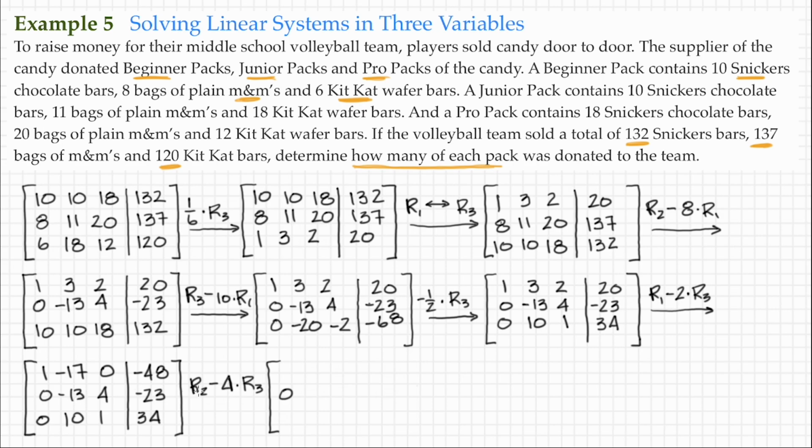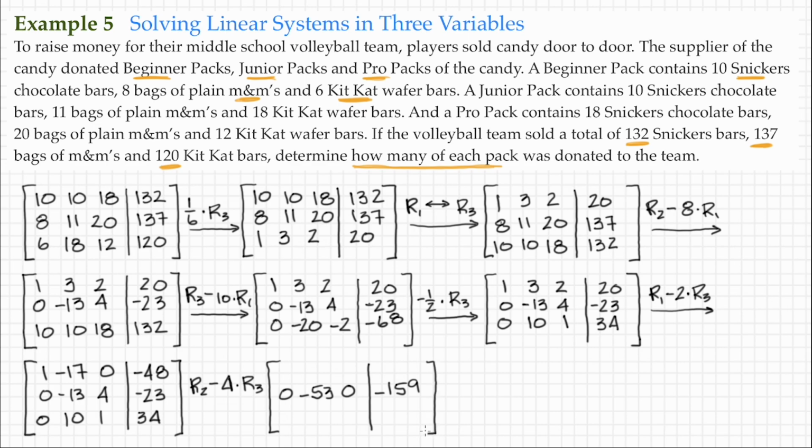Negative 13 minus 40, that's negative 53. 1 times 4 is 4, and 4 minus 4 is 0. Again, that's the whole idea. Bring down our vertical line. 34 times 4 is 136, and negative 23 minus 136 is negative 159.